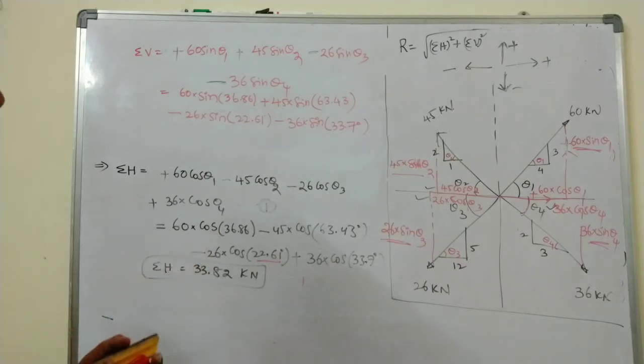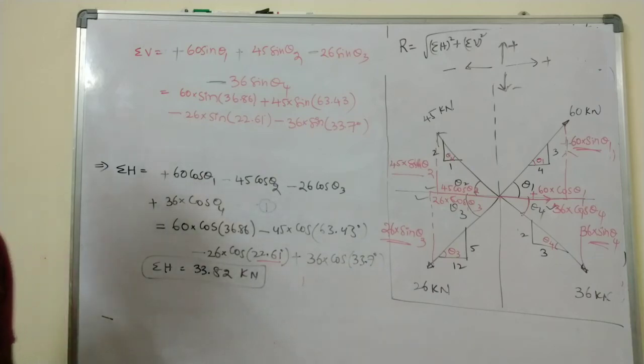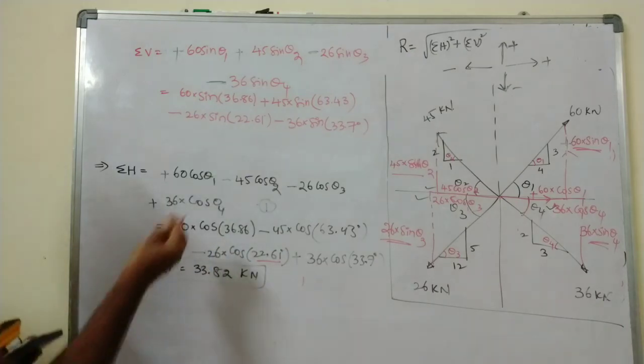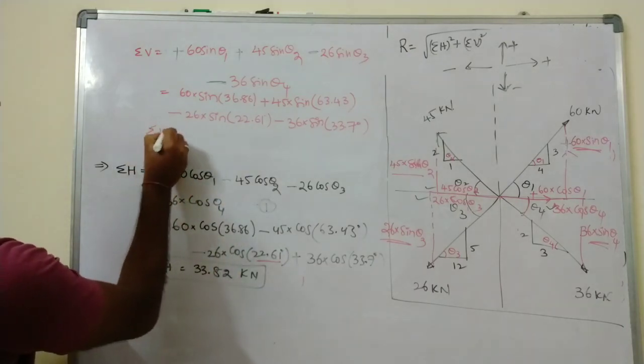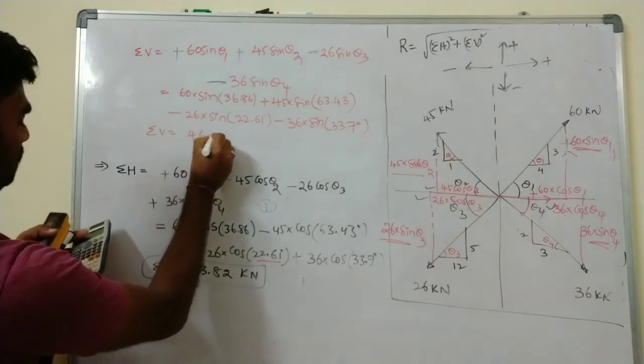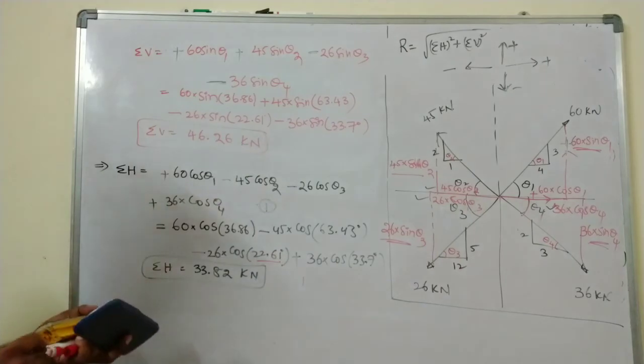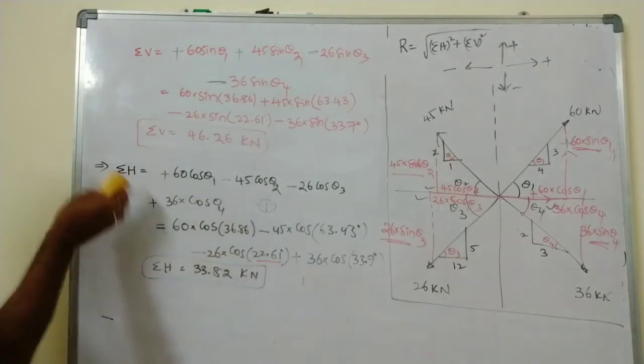The value of sigma V equals 46.26 kilonewtons. Then sigma V and sigma H, both values are completed.